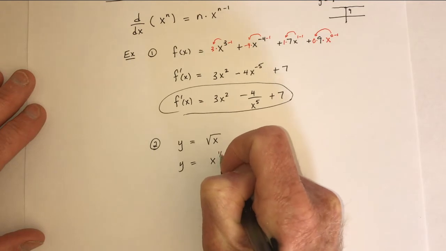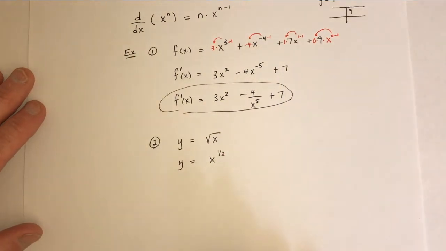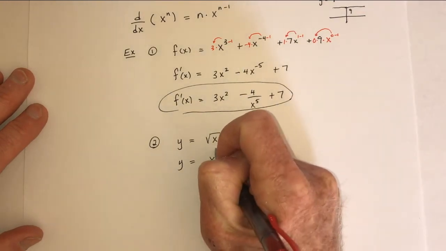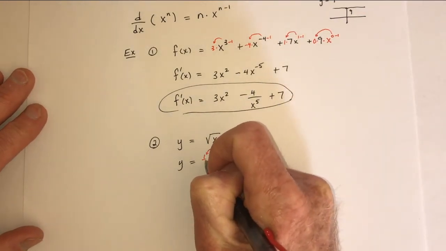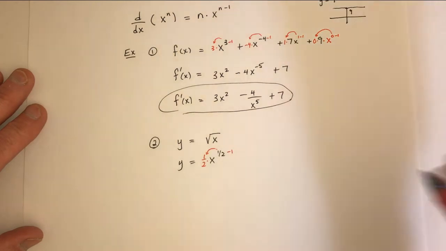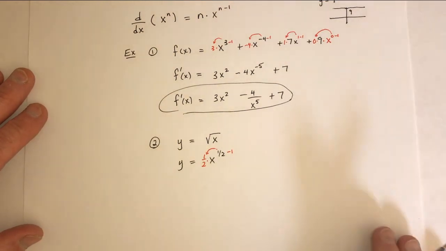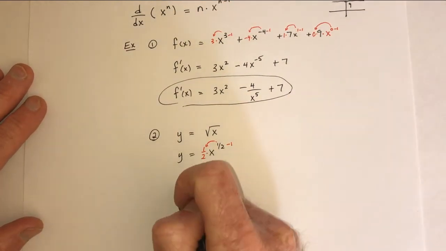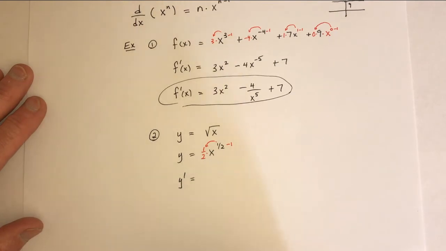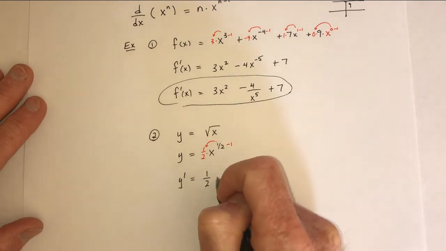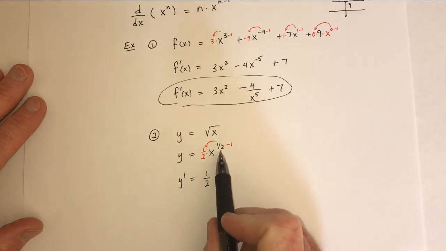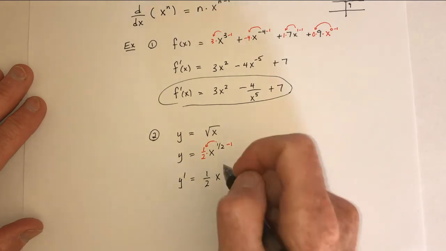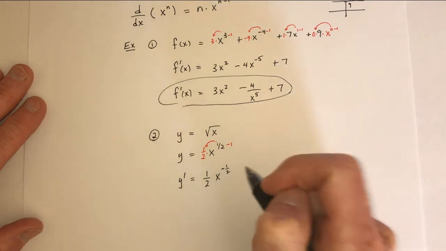So first, you could rewrite the square root as a 1/2 exponent. Then do the power rule, so that 1/2 goes in front and you multiply, and then subtract 1 from the exponent. So then y prime, or the derivative, will be 1/2 x to the, this is going to be a half minus 1, so that's negative 1/2.